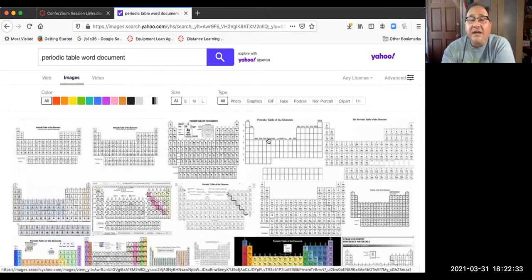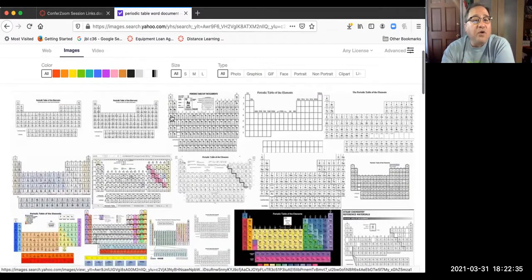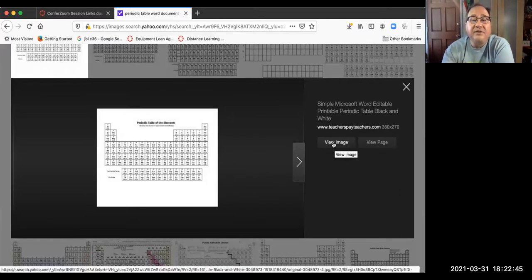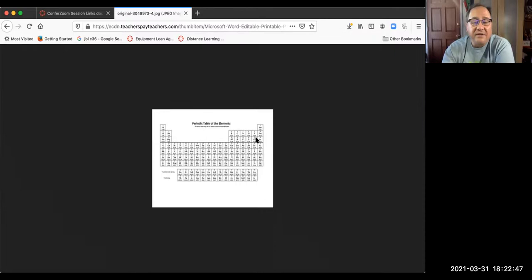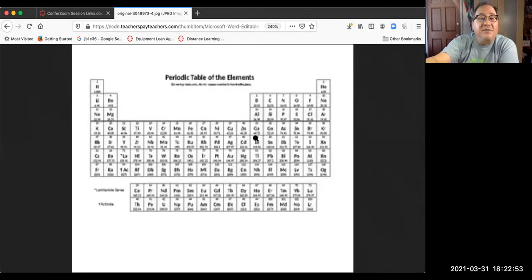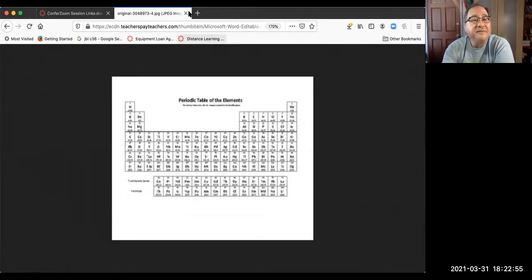So here, if you take a look, apparently these are Word documents. I'll just go to this very first one, and if we view the image, well, this one kind of sucks because of the resolution.